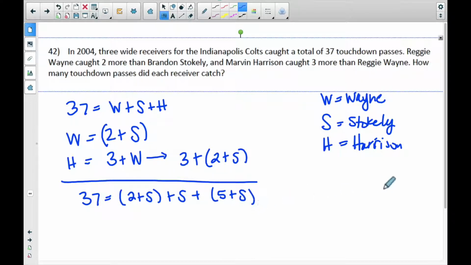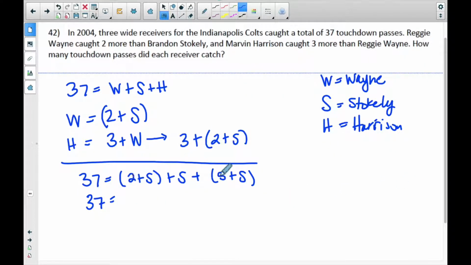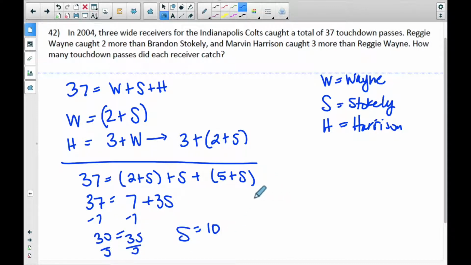Now, if I combine my like terms, I have 2 plus 5, that's 7. I have 1, 2, 3 S's. And so now I can just solve this, and I get S equals 10. That means that Stokely caught 10 passes that year.